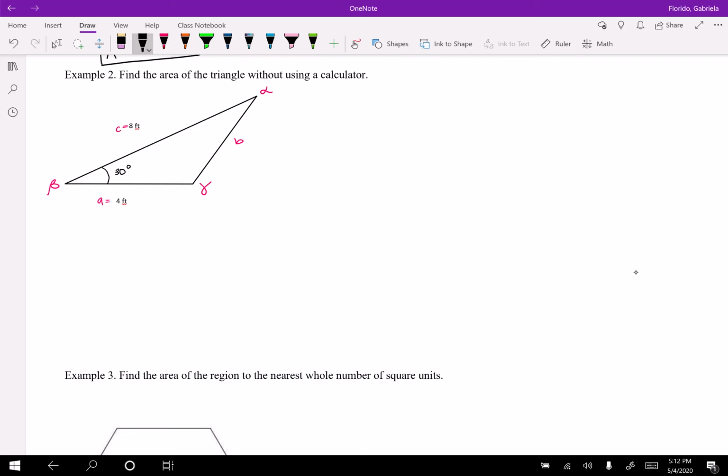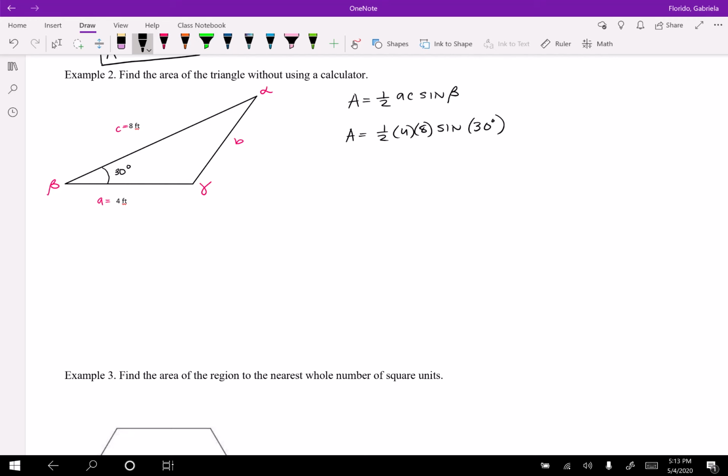So my formula that I'm going to use is A is equal to 1/2 little a times little c times sine of beta. Because again, we already know a, we already know c, and we already know beta. And so if we plug everything in, we get 1/2 times 4 times 8 times sine of 30 degrees.